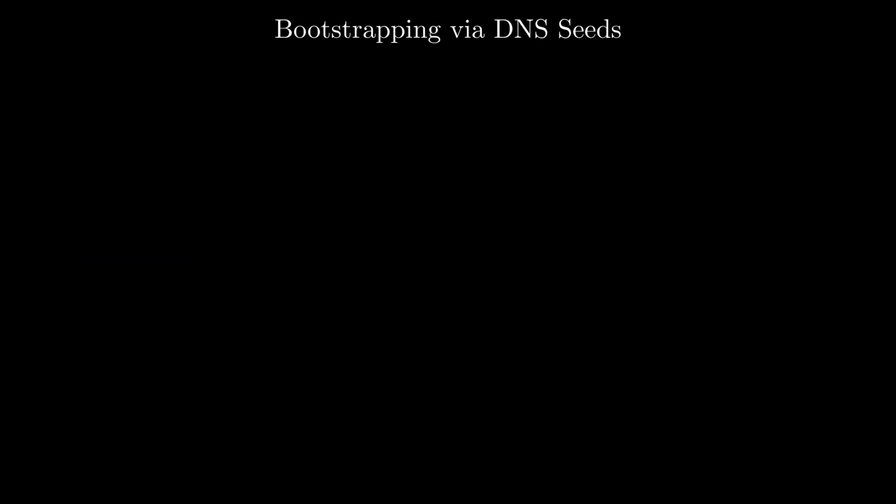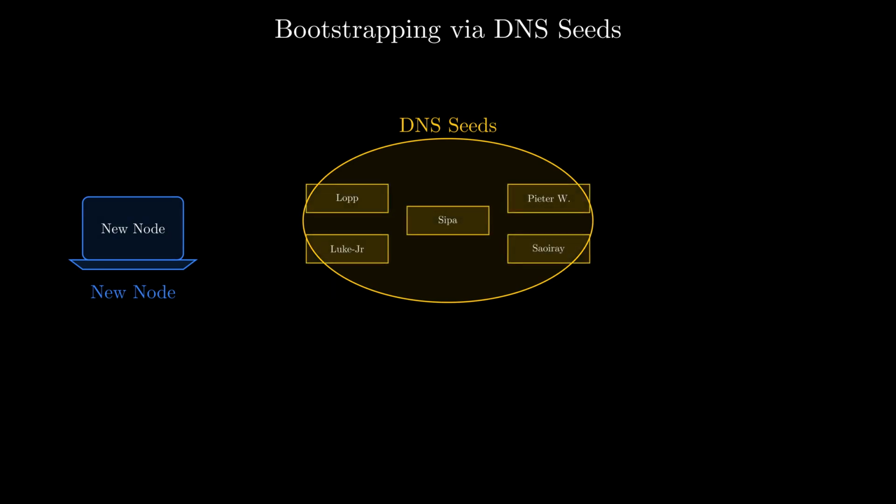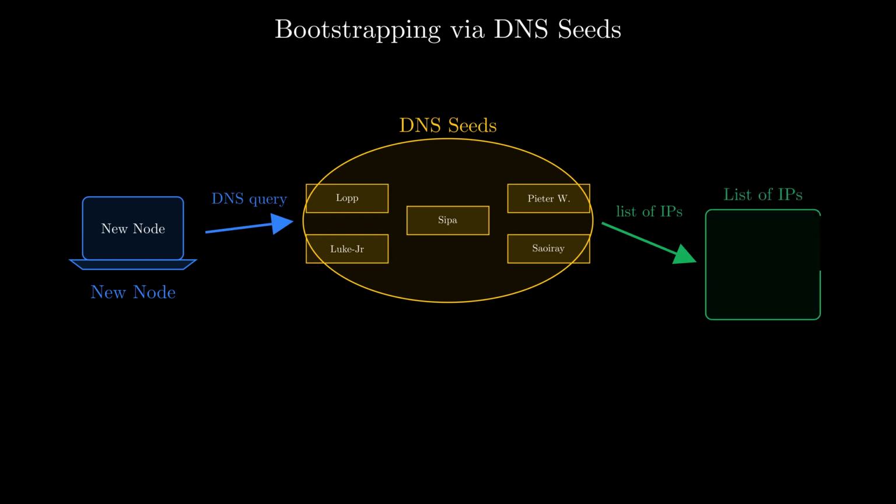The answer starts with a surprisingly small piece of hard-coded data. Bitcoin Core ships with a list of DNS seed host names. DNS, the domain name system, is the same protocol that turns website names into IP addresses. When your node boots, it queries these seeds, and instead of returning a website, they return a list of IP addresses belonging to live Bitcoin nodes.